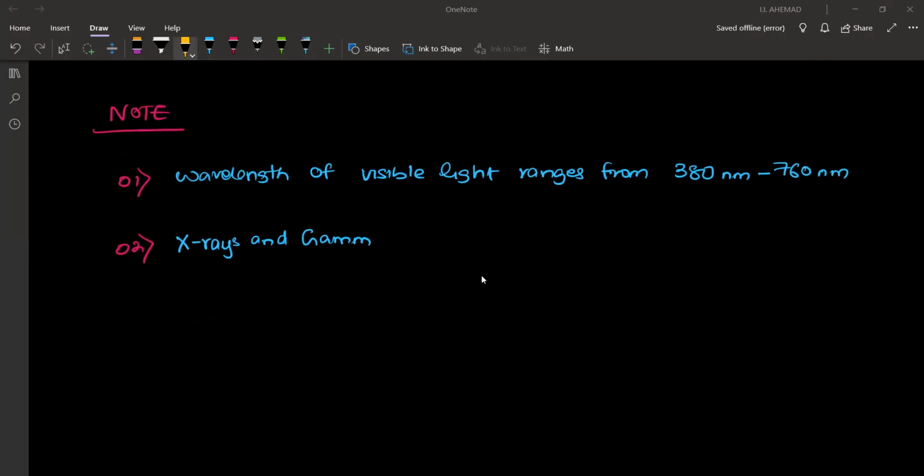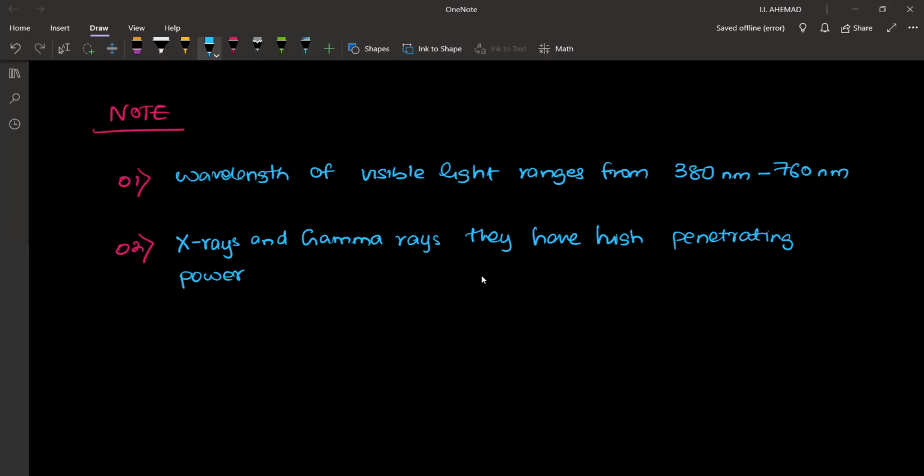So within this range, only it is visible. And next, X-rays and gamma rays have high penetrating power. They can move through very thick materials like concrete and all.